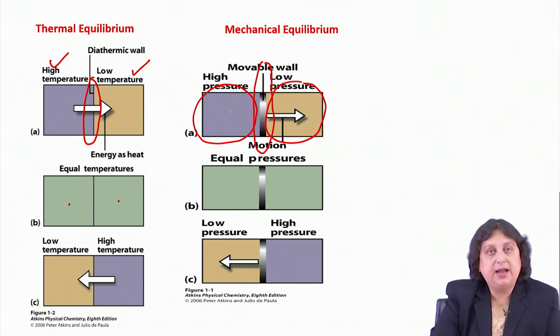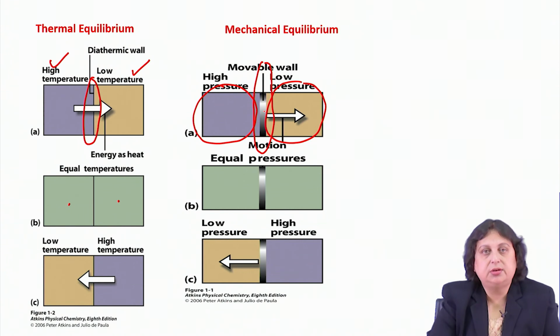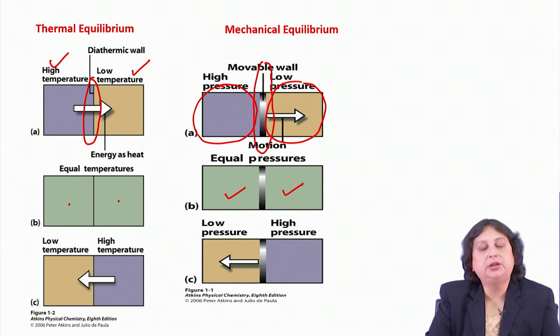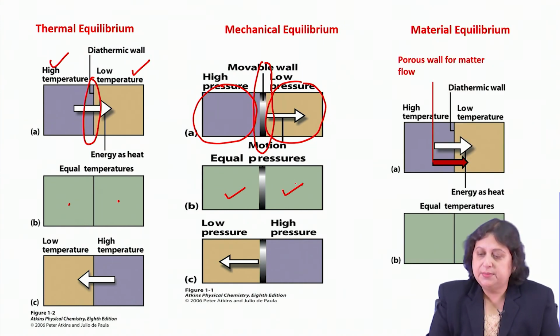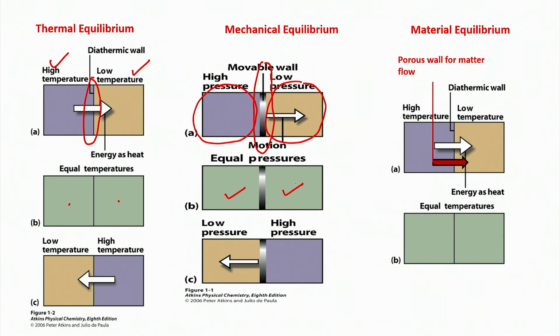The gas at high pressure will push this wall to the direction where the pressure is low, and the final equilibrium state will be established when the pressure is equal in the two compartments on the two sides of the movable piston.